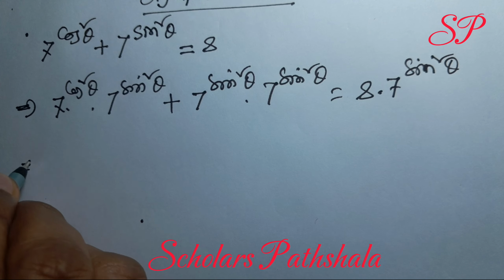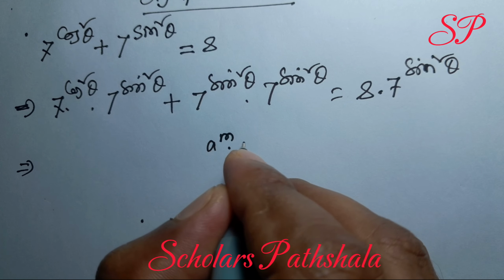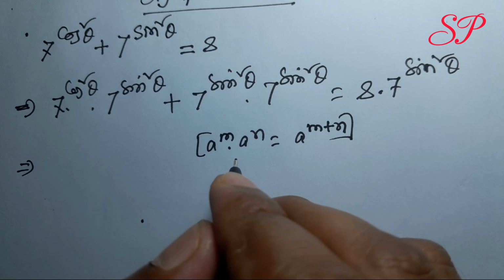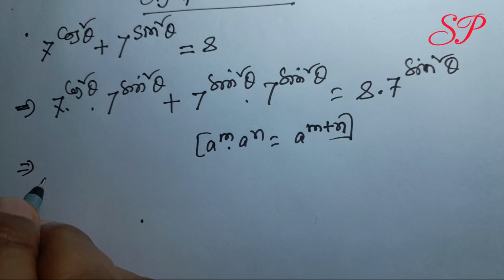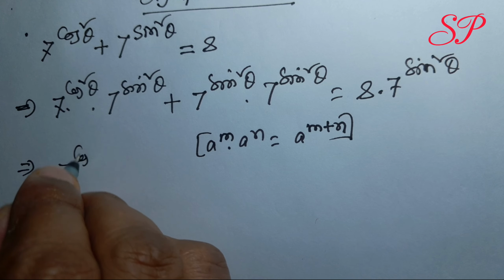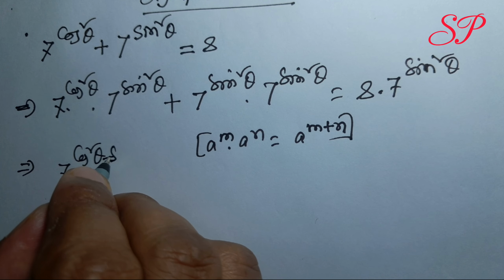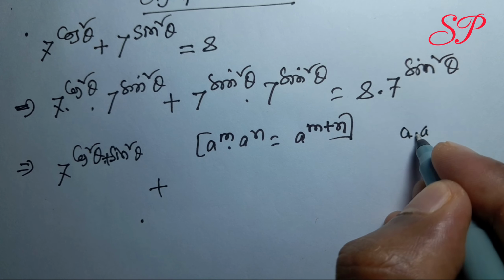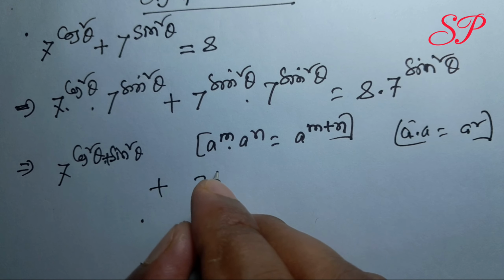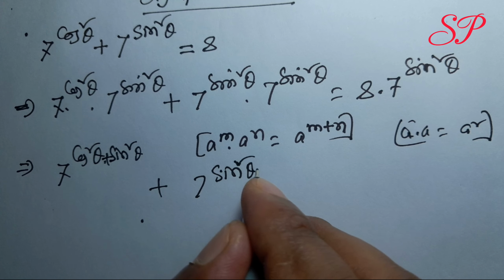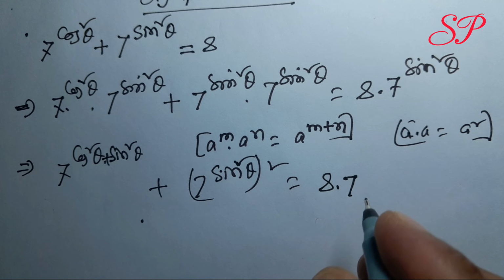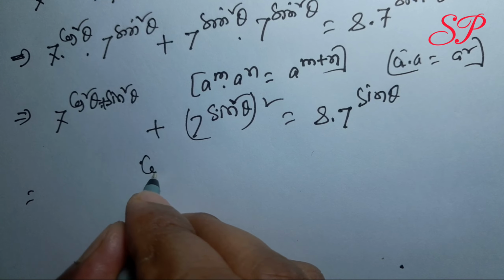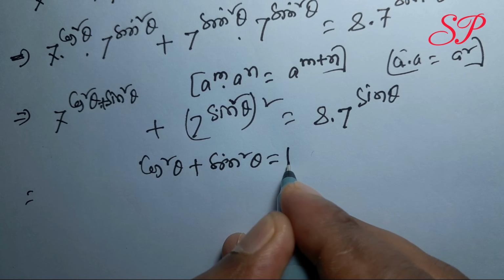Now, according to the rule a to the power m into a to the power n is equal to a to the power m plus n, using this formula we can write 7 to the power cos square theta plus sin square theta, plus, since a into a is equal to a square, 7 to the power sin square theta all squared is equal to 8 into 7 to the power sin square theta. Then we know that cos square theta plus sin square theta is equal to 1.